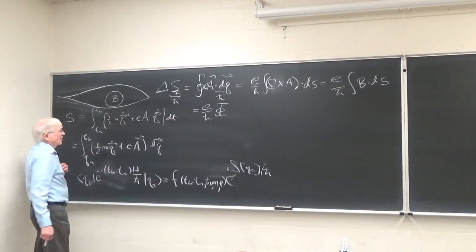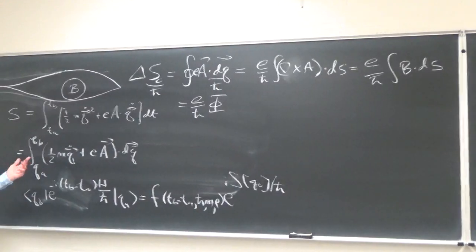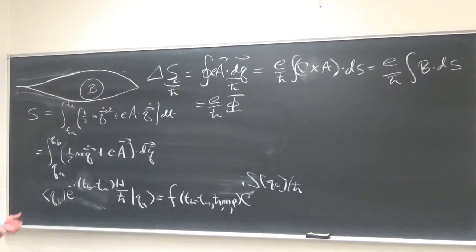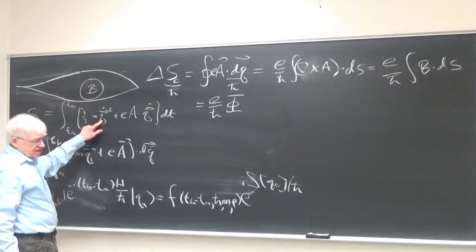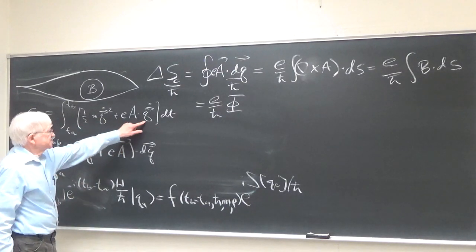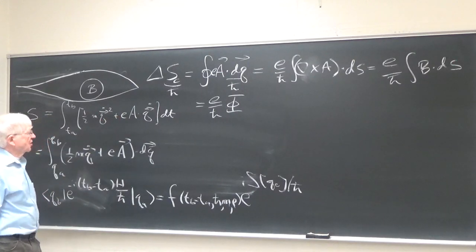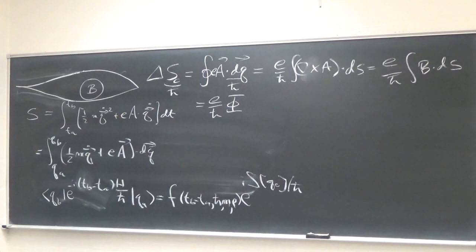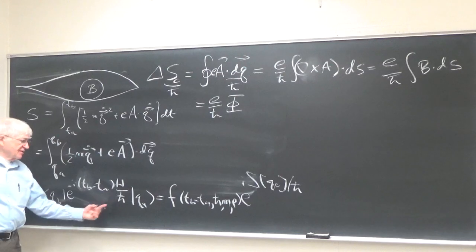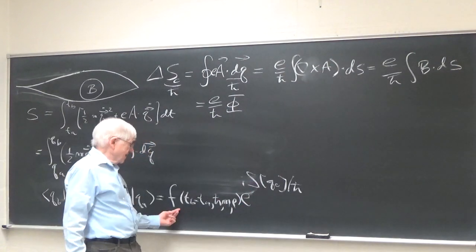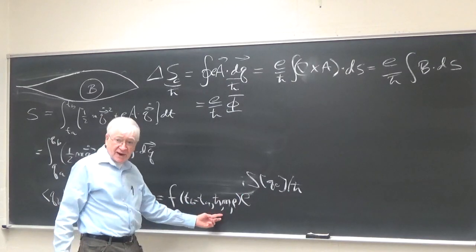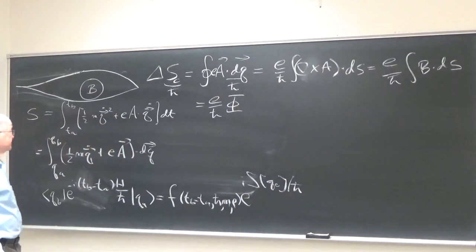The action for a particle moving non-relativistically in an electromagnetic field is quadratic in the position and velocity of the particle, and consequently the previous result, namely that the matrix elements of the time evolution operator are just an exponential of the classical action times a function of the time and the parameters, applies.